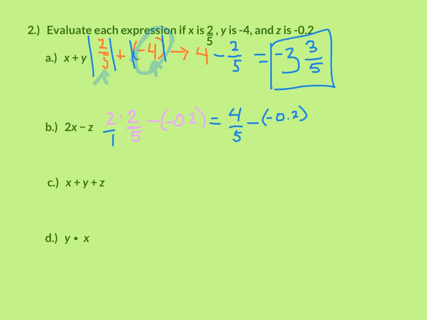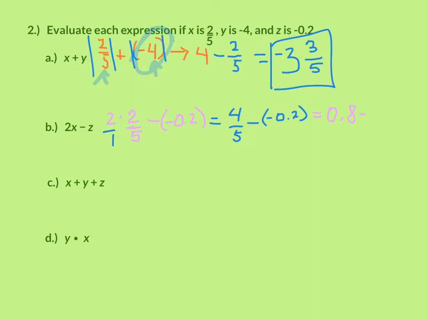Okay, well, I know that 4/5, if I thought of that in tenths, well, there would be 2/5. 5 times 2 is 10, and 4 times 2, so that would be 0.8. If you got confused on that step, please make sure you come and see me.